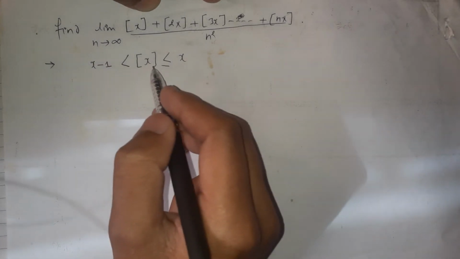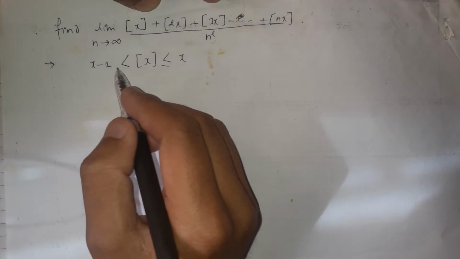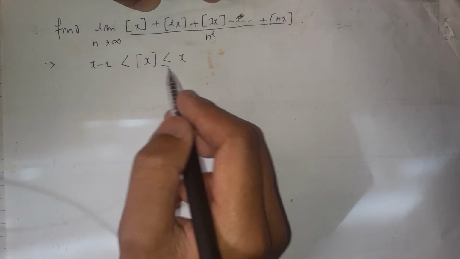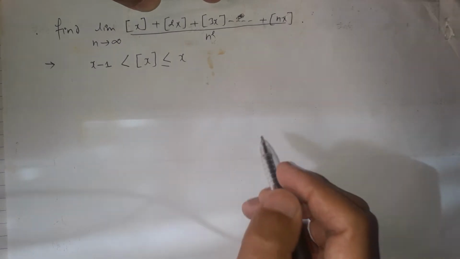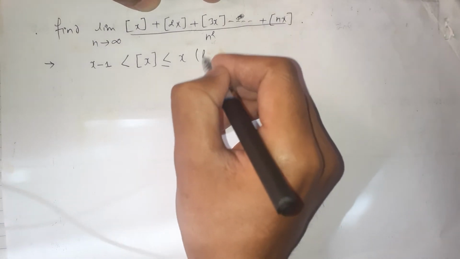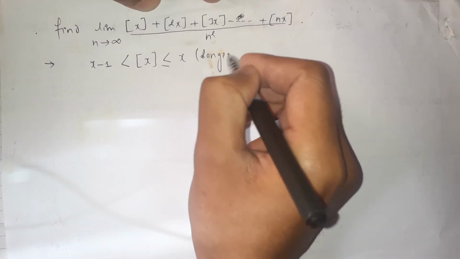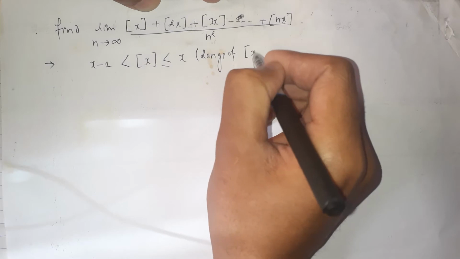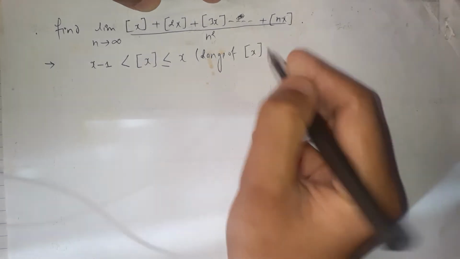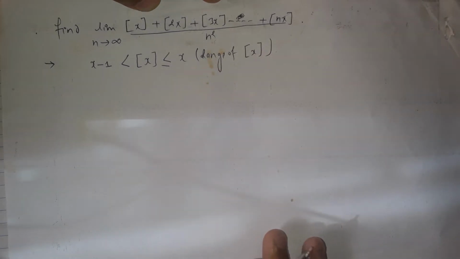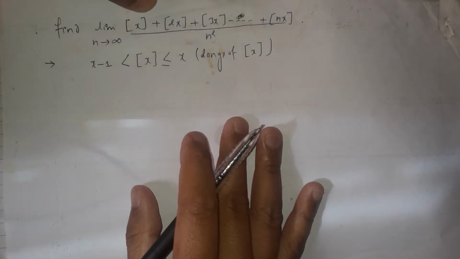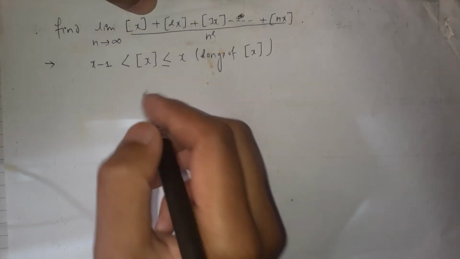The greatest integer is always greater than x minus 1, and it is always less than or equal to x. This is the range of the greatest integer function. Please remember this point. This is a very important point.